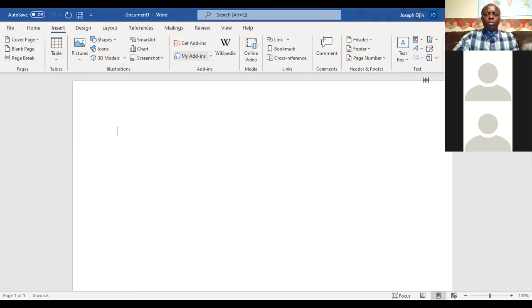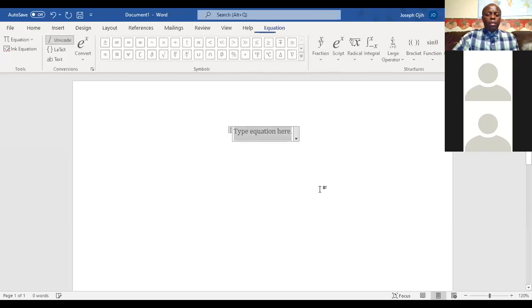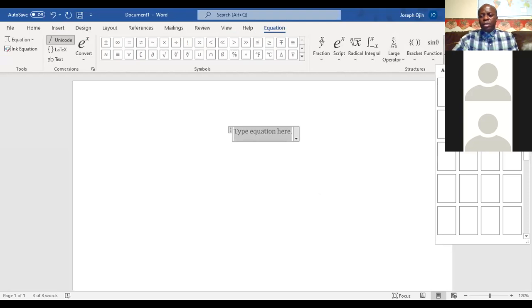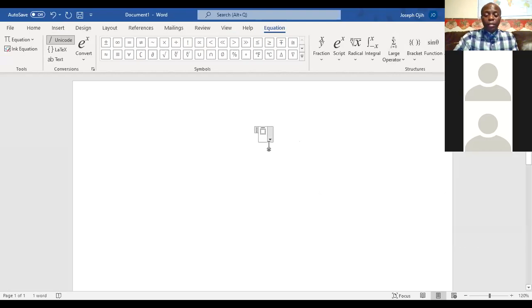I'm going to insert the equation right here. I'll get X bar from here. Click on this, and it gives you options. X bar is 23. So we can now plug this into our problem.